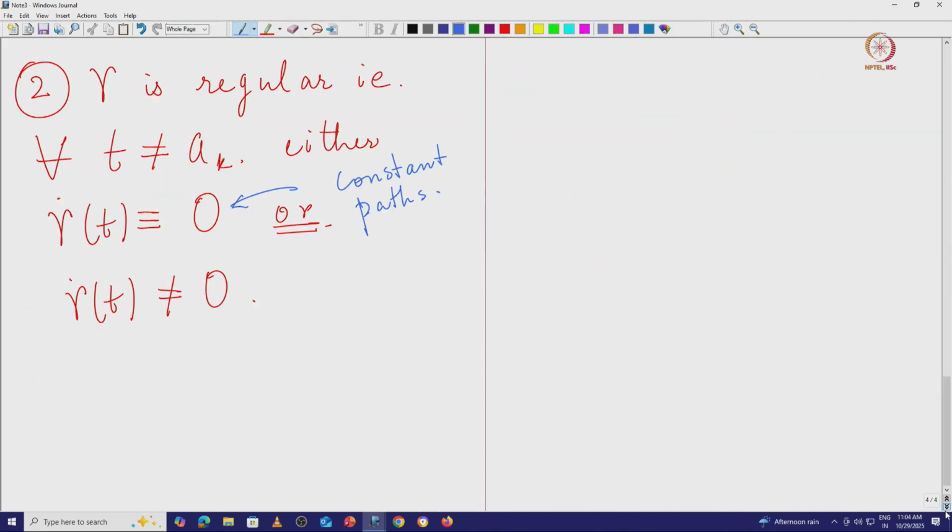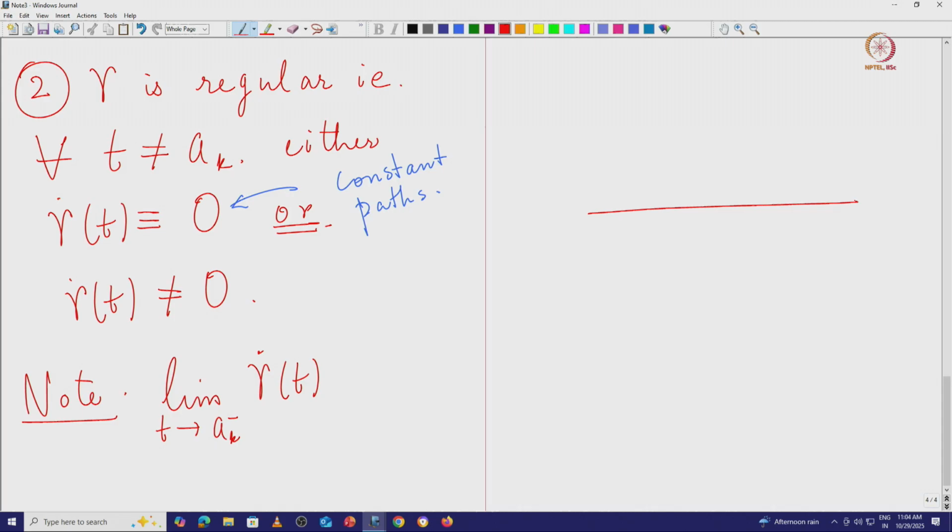So as a consequence of that, one thing to note is that the limit as t approaches ak minus of the derivative exists. You have this interval and this point ak.